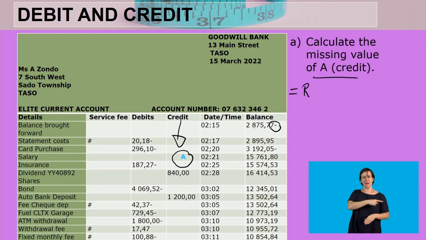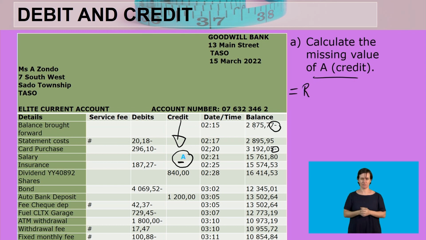So now we need to find this amount that was deposited. So now we also have a negative value there where it says 3,192 Rand 5 cents, and it gives us a negative amount. So it means he owes the bank that total amount. So now value of A has been deposited.